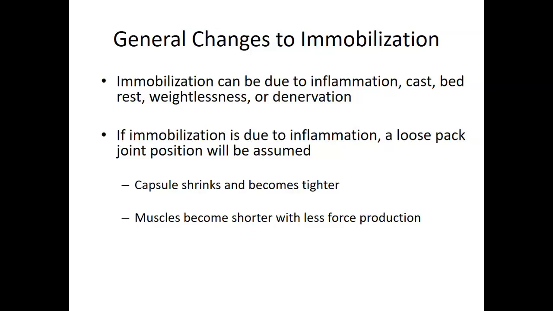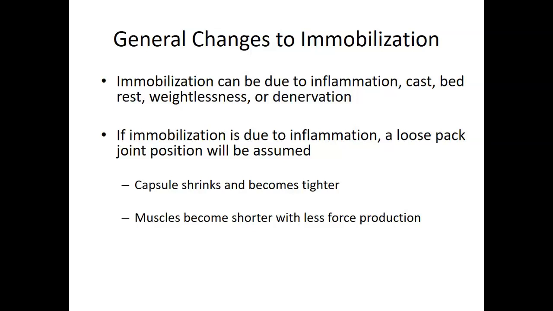If immobilization is due to inflammation, the joint is going to want to go to the loose pack position. That open pack, loosest position of the joint is where the swelling has the most room. If you take it out of loose pack and put it closer to a closed pack position, that swelling causes extensibility in the tissue.